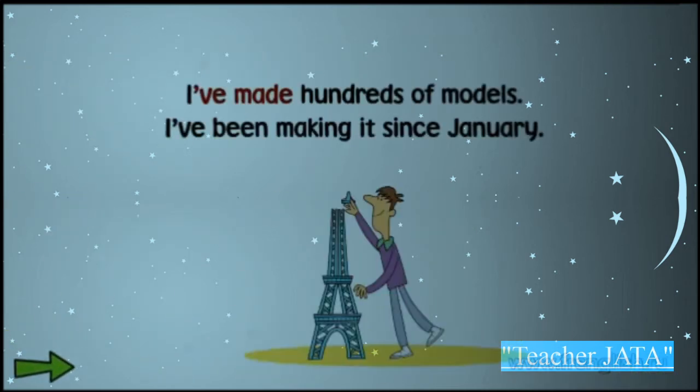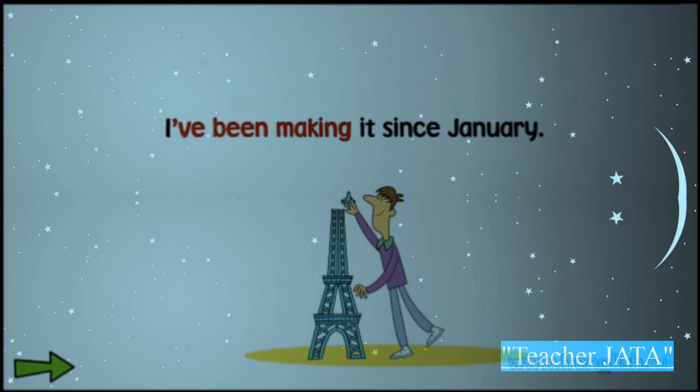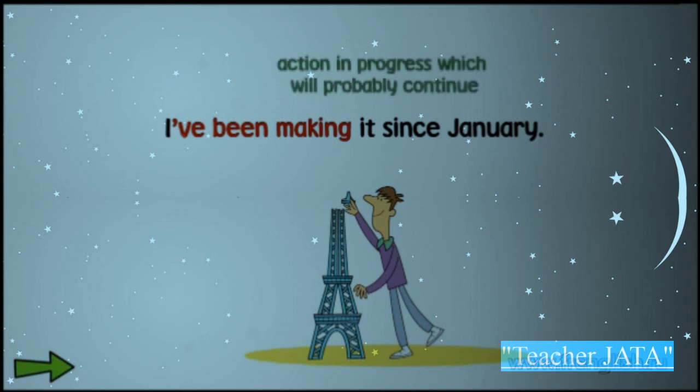We use the present perfect and the present perfect continuous to talk about actions in our life up to now. The present perfect continuous emphasizes that an action is in progress and will probably continue.